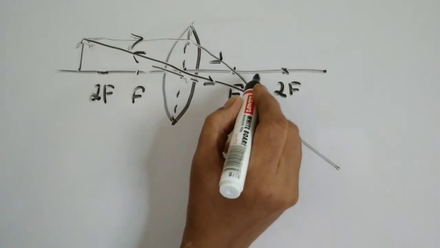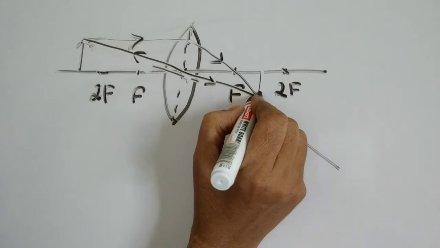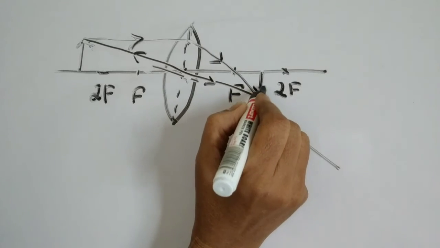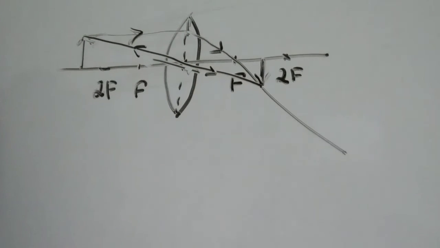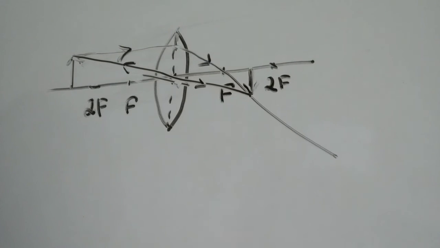And where will we get the image? Between f and 2f. This image is also diminished, real, inverted, between f and 2f.